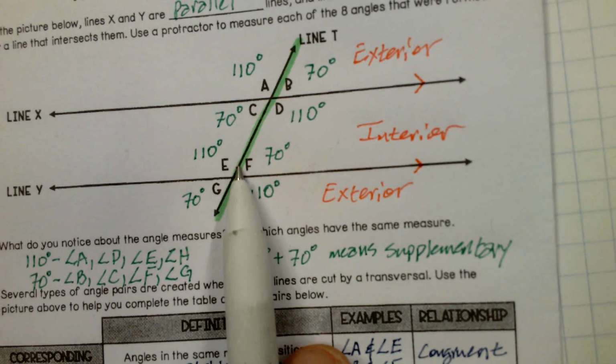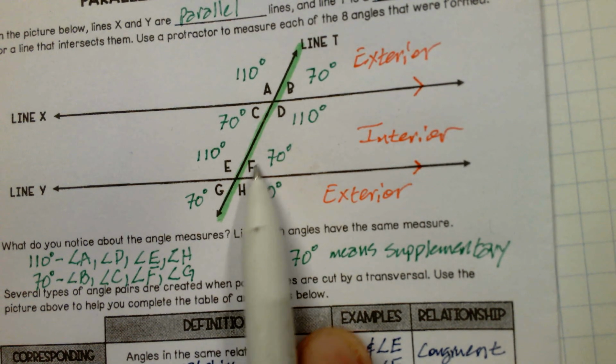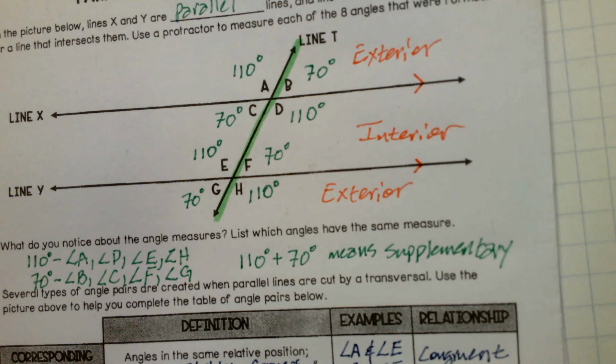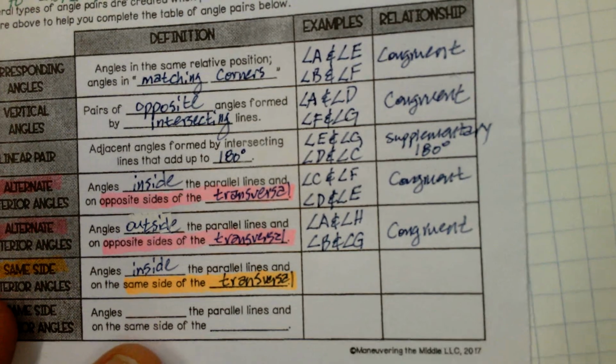Same thing with angle F. Angle F, what's same side interior to angle F? D. Again, they're not equal in size, they're not congruent, but they add up to 180, so they're supplementary. So let's write those down.